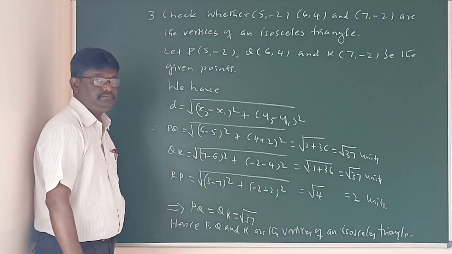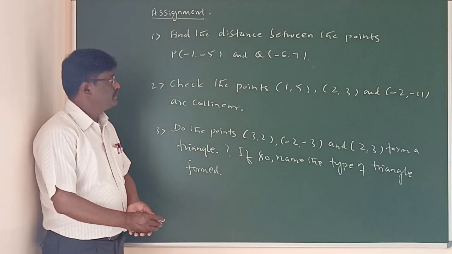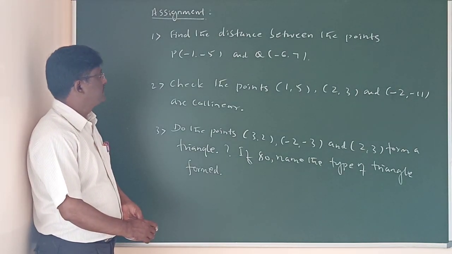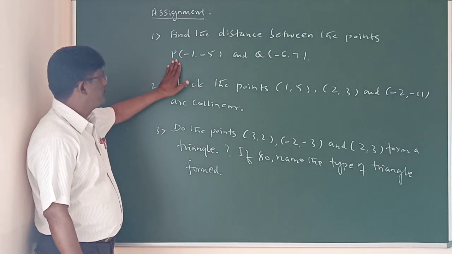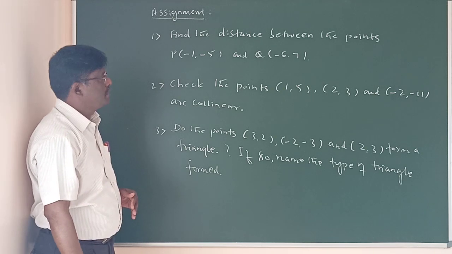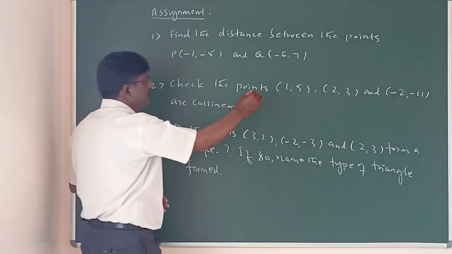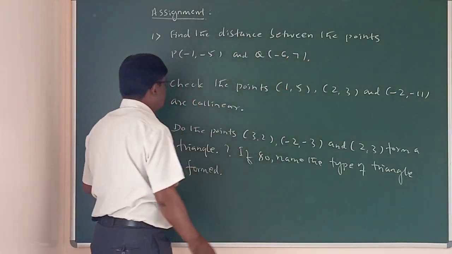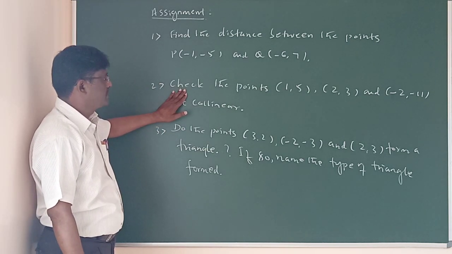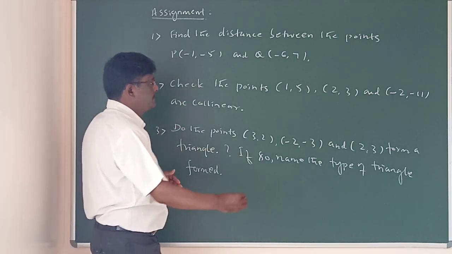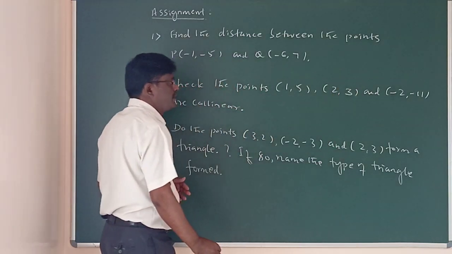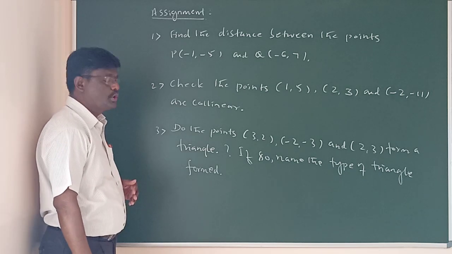Okay, children, today's assignment, just 23 problems. Find the distance between the points P (-1, -5) and Q (-6, 7) using the distance formula. Then check whether the points (1, 5), (2, 3), (-2, -11) are collinear.